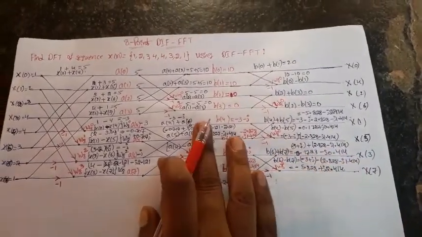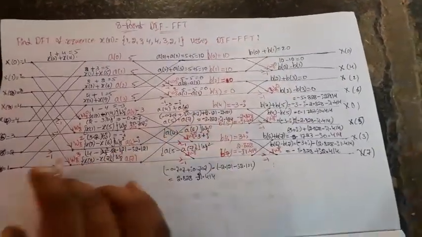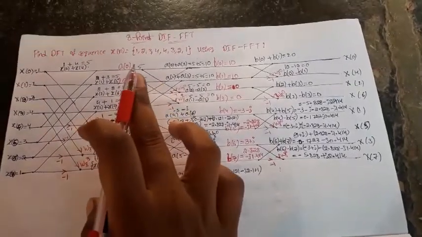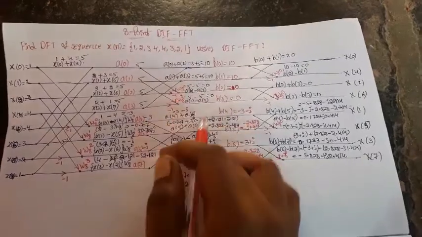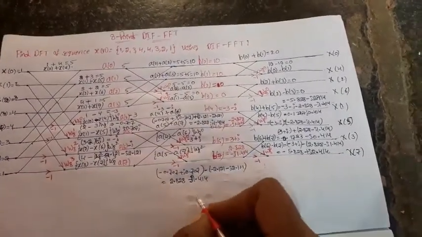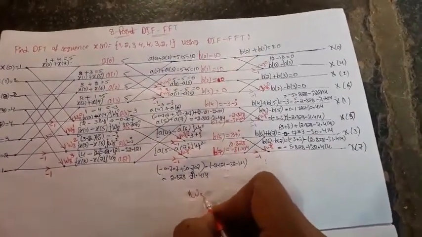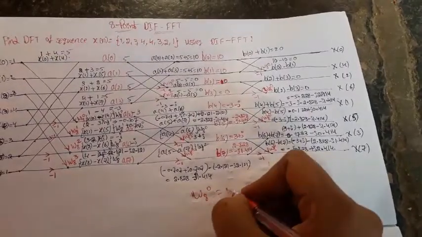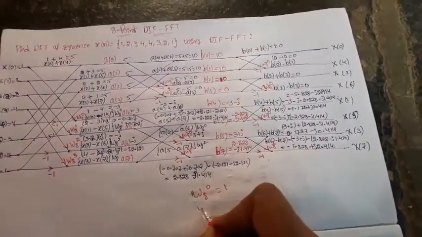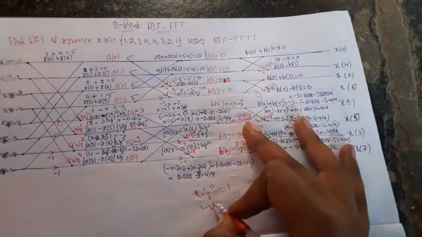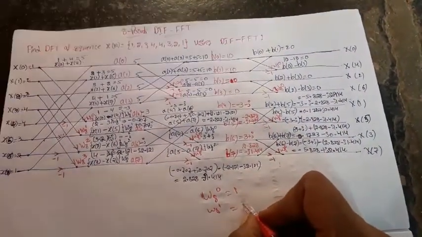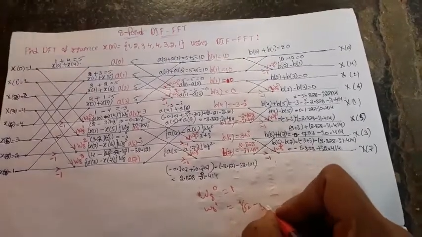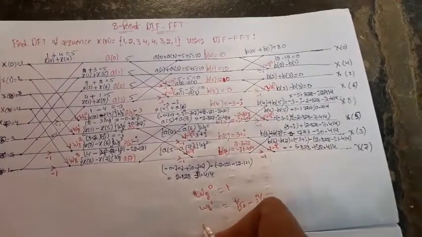And the Twiddle factors are totally W8 to the power of 0 to W8 to the power of 7. So see here, W8 to the power of 0 value is 1, W8 to the power of 1 value is 1 by root 2 minus j 1 by root 2.